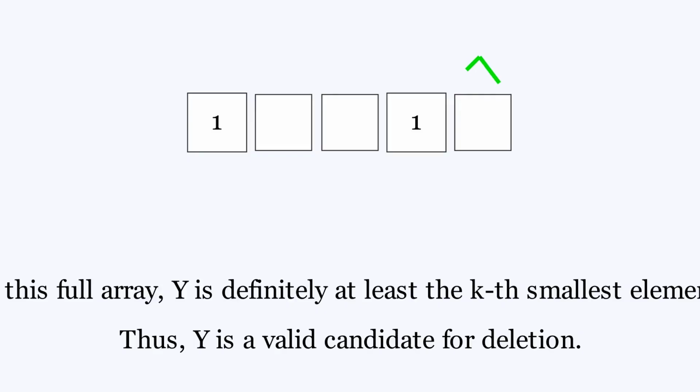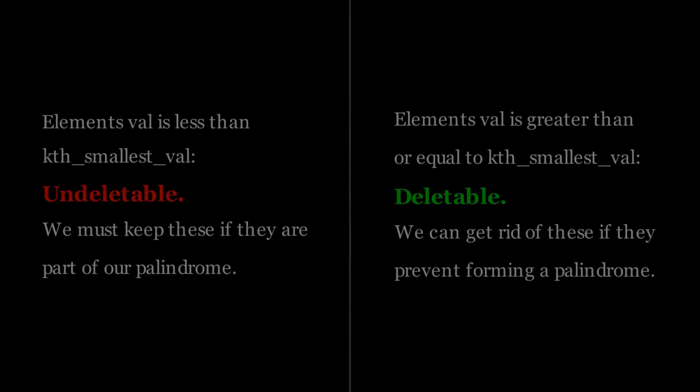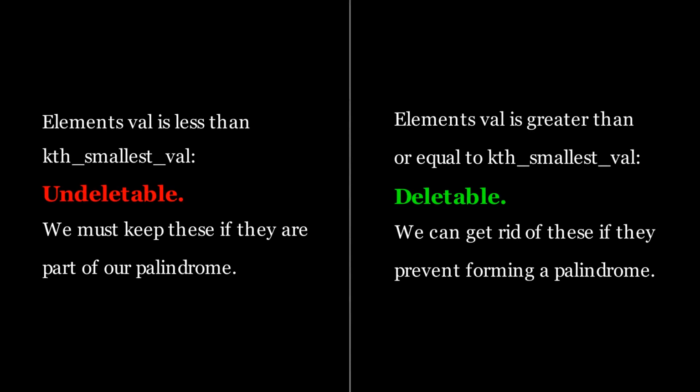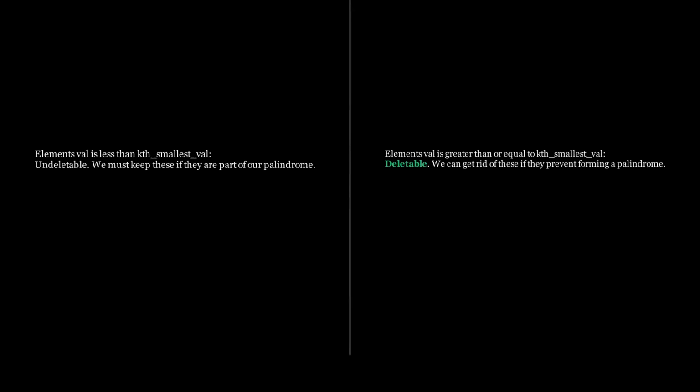Thus, y is a valid candidate for deletion. So our strategy simplifies. Elements with values less than kth smallest val are undeletable. We must keep these if they are part of our palindrome. Elements with values greater than or equal to kth smallest val are deletable. We can get rid of these if they prevent forming a palindrome.